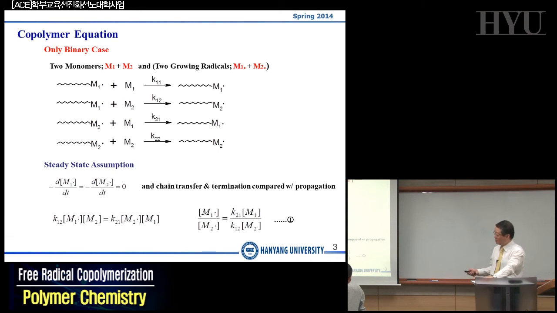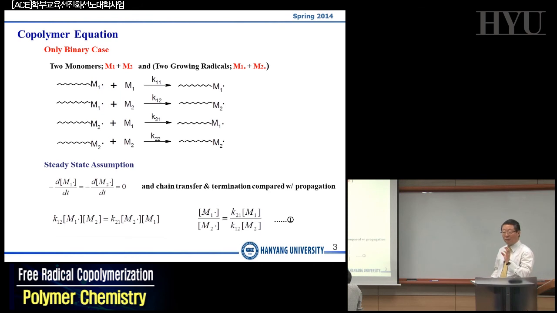Although it's not exactly 0, the second equation and the third equation are equal in this case, and K12 times M1 dot times M2 is equal to K21 times M2 dot times M1. If you rearrange this equation, you come up with equation 1, where the M1 dot over M2 dot ratio is equal to K21 over K12 times M1 over M2.